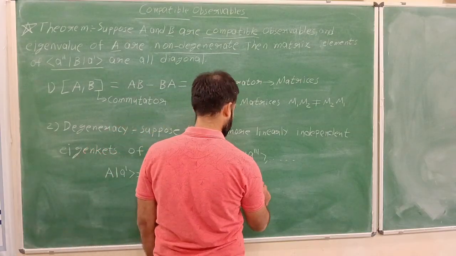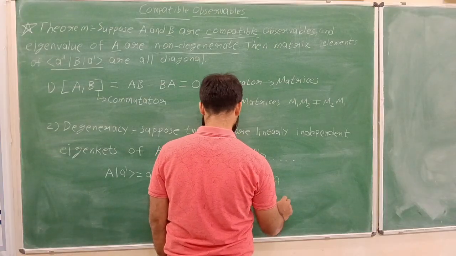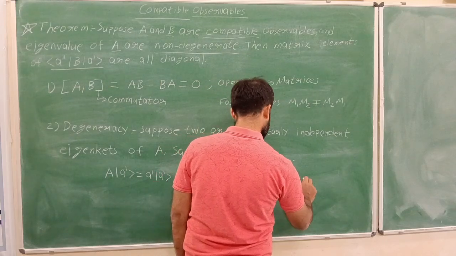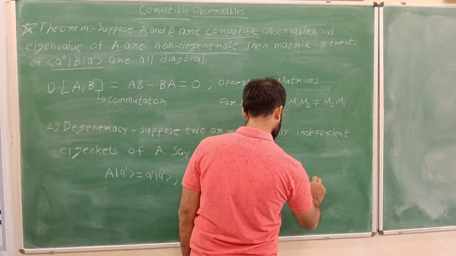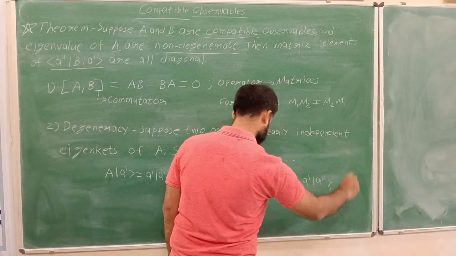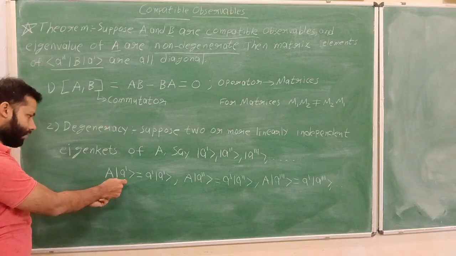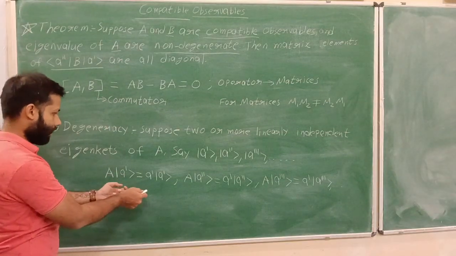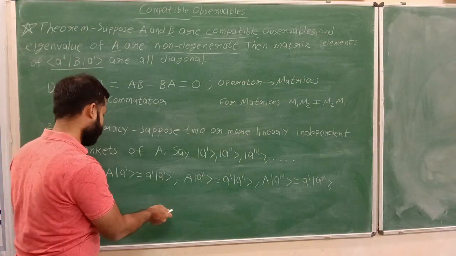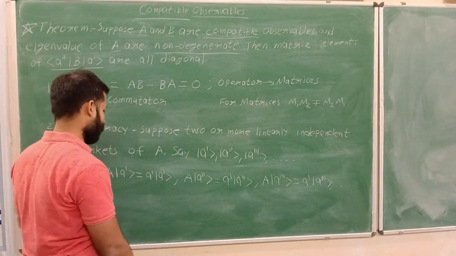Let's say extending this, again I am getting back the same eigenvalue. So each time this operator is operating on the state or eigenket and getting back the same eigenvector, but multiplied with some eigenvalue, as we know from the standard eigenvalue equation.